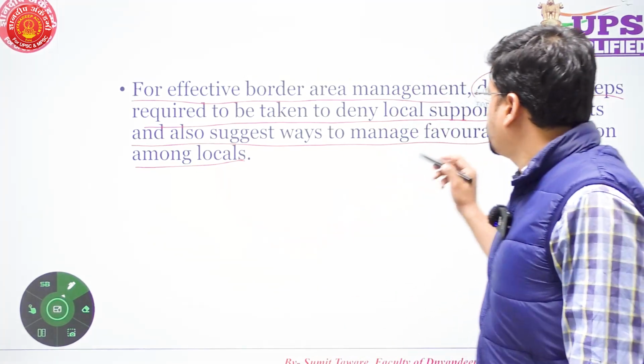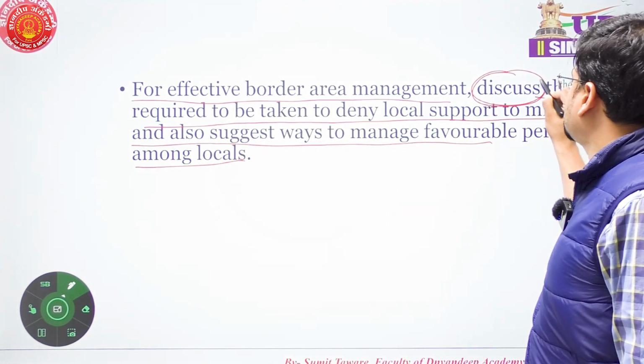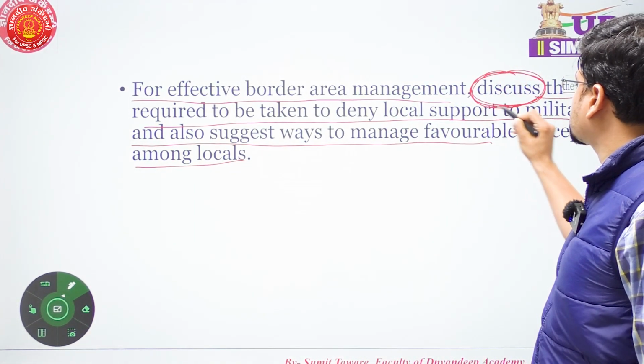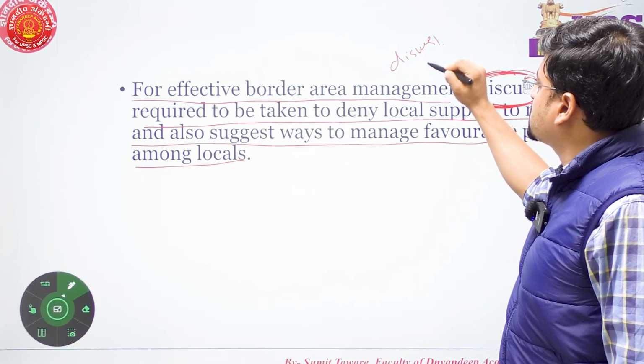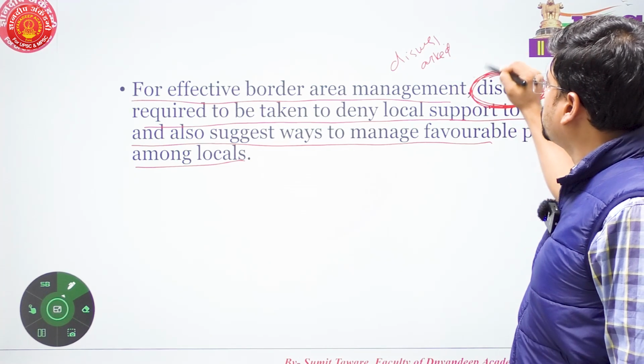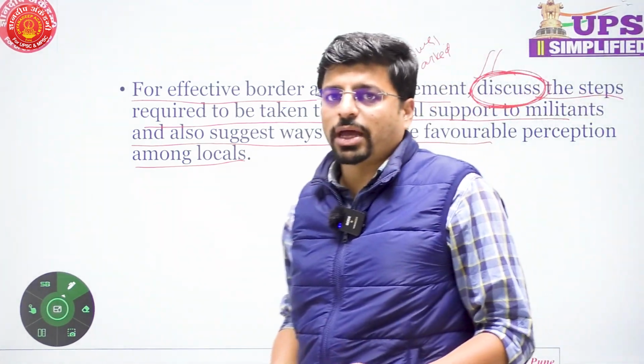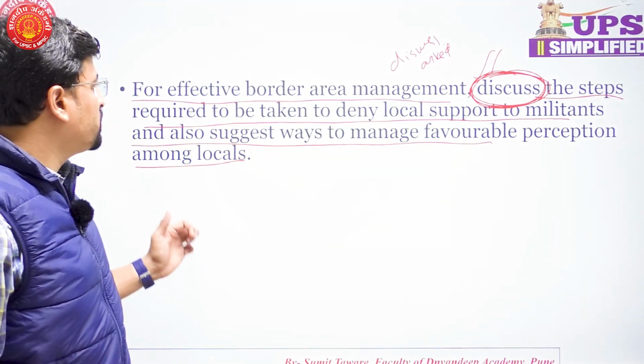While solving any question in UPSC Mains, first you have to see which keyword has been asked by the UPSC. Here, discuss is asked, and according to that you have to frame your answer, depending on what is exactly the demand of the question.